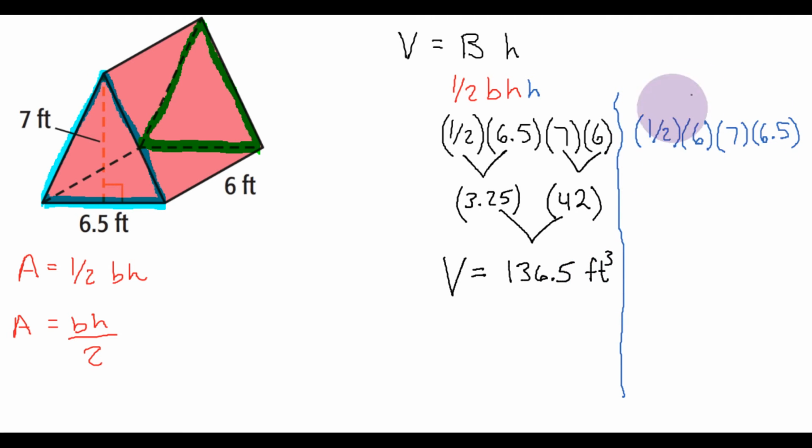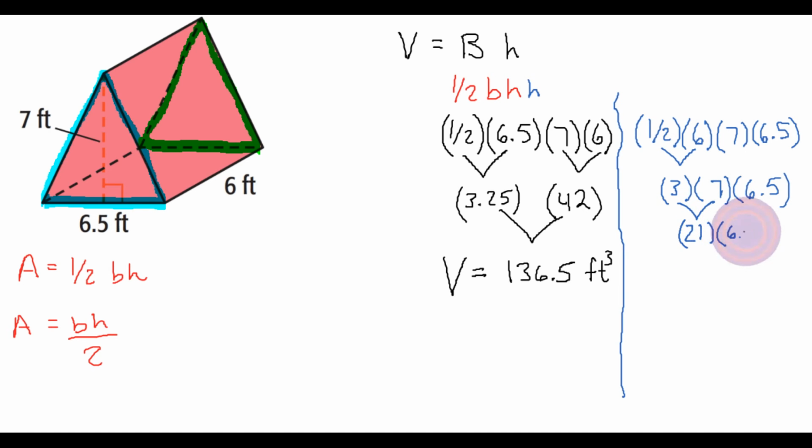Now let's go over to this other side. I'm going to change pens to blue, and let's just take half of 6 real quick. Half of 6 is easy to calculate. It gives us a value of 3. We're going to multiply that by 7, and then multiply by 6.5. So now we're going to multiply 3 times 7. So 3 times 7 gives us a value of 21, and we're going to multiply 21 times 6.5 above.